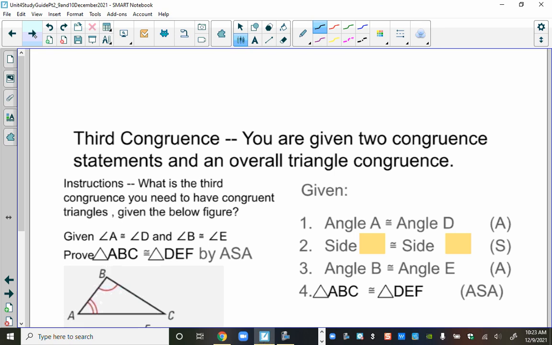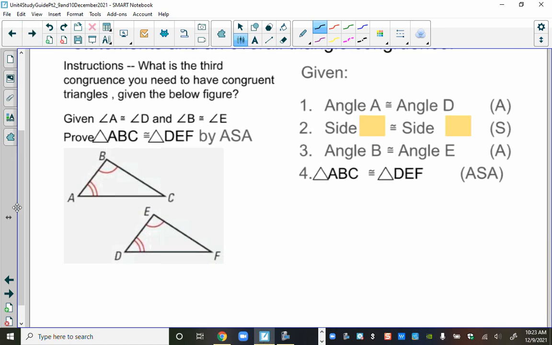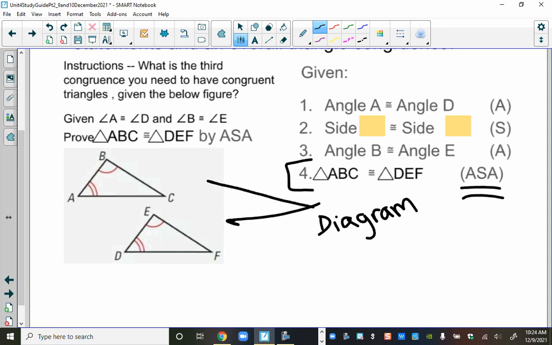All right, this one, we started these problems towards the end of last week. Now again, remember, you get that angle side angle from the diagram. So they told us that angle A and angle D were congruent.